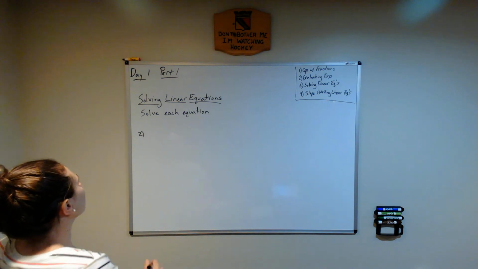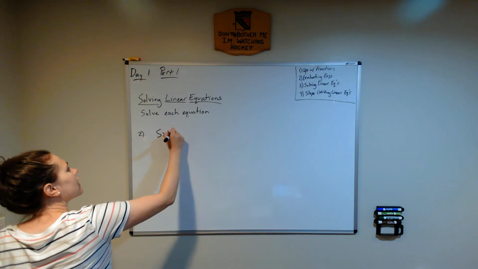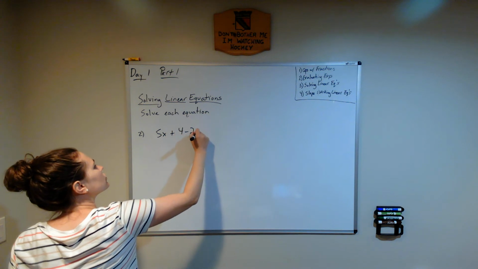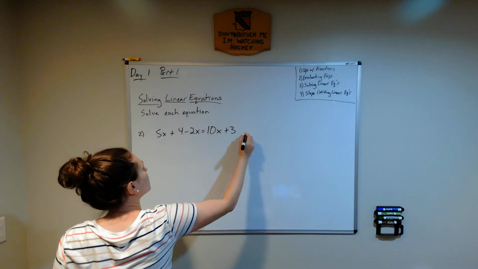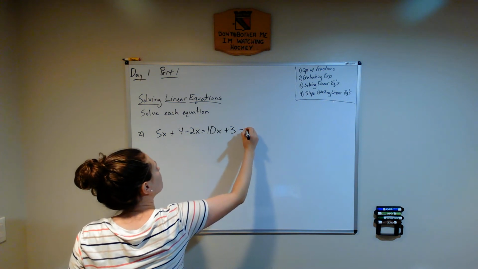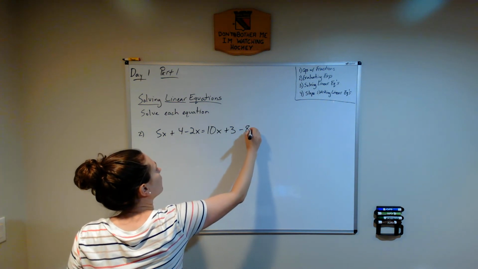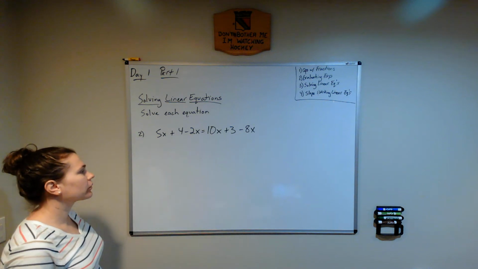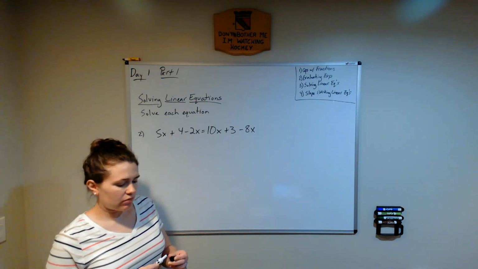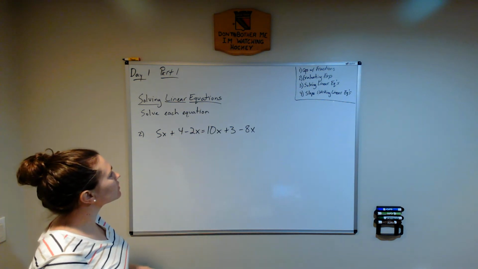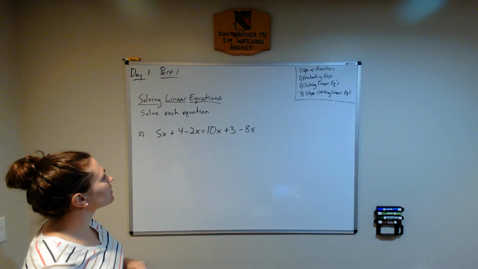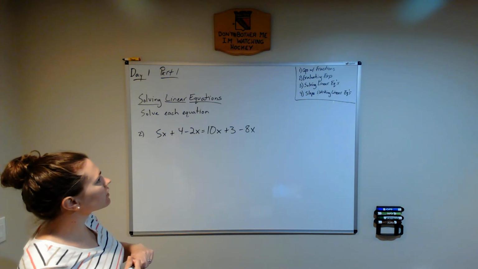All right, let's do 5x plus 4 minus 2x equals 10x plus 3 minus 8x. Okay, linear equation, we have only x to the first. So we want to find the value of x that's going to make the left-hand side equal the right-hand side.